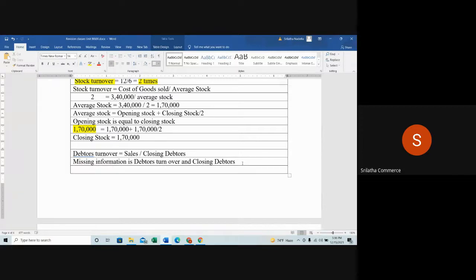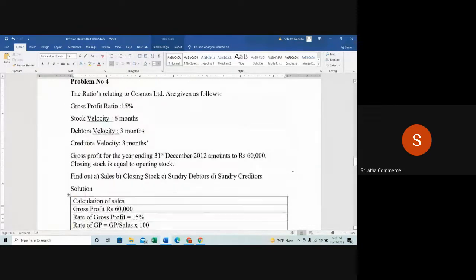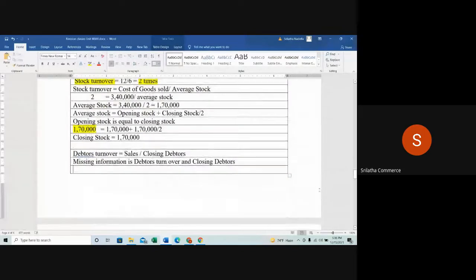So what are we going to do with the given information? He had given debtors' velocity is 3 months. With this information, we can find out debtors' turnover.